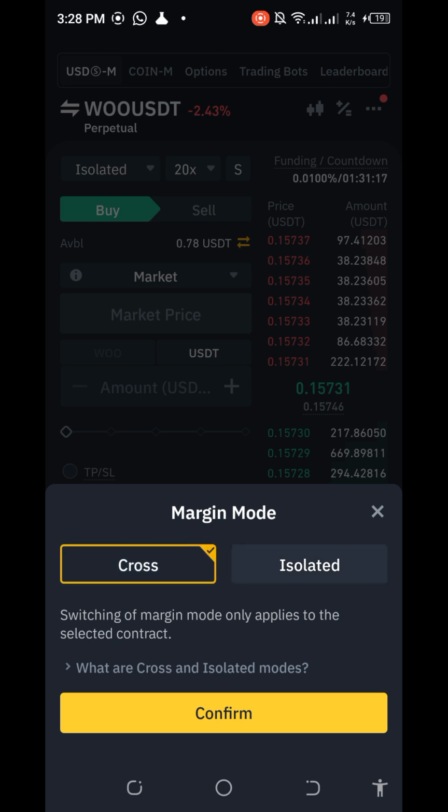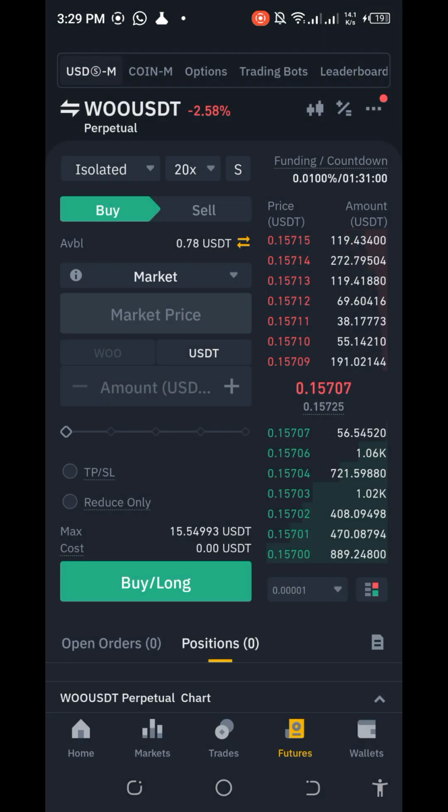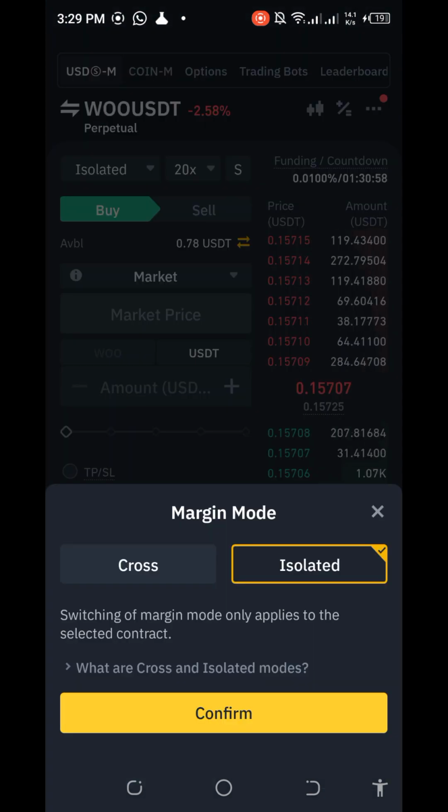The cross increases our liquidation price so that in case the market starts going against us, they will not kick us out of the market on time. I'm going to explain what liquidation price is all about. Now I've explained what isolated and cross are all about.